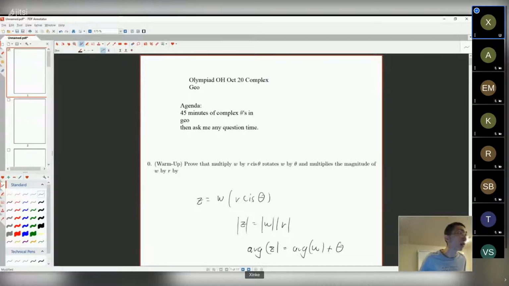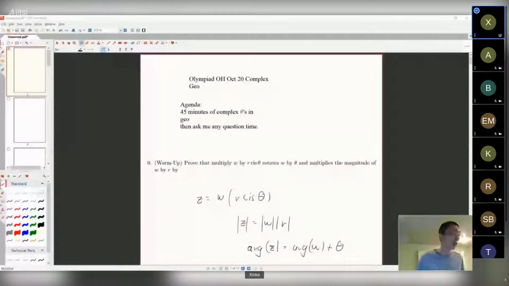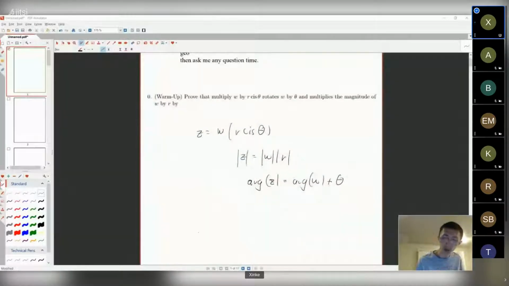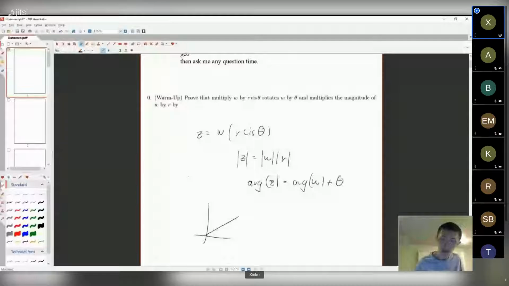Oh, let me admit one more person. So, just as a reminder, if you have a complex number, this is the magnitude. If it's a plus bi, then the magnitude is the square root of a squared plus b squared.